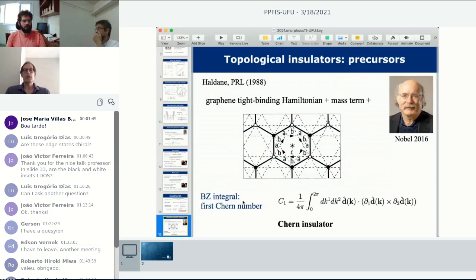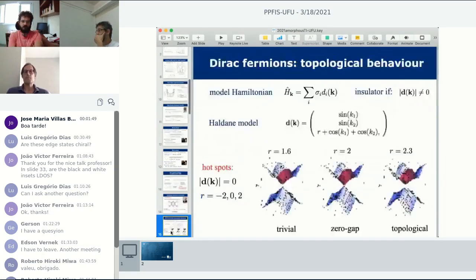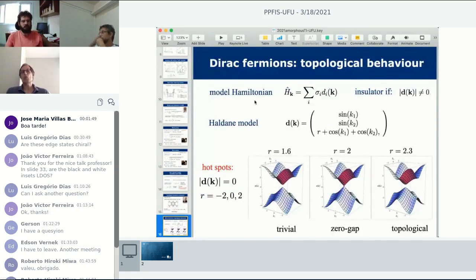So basically, here you can show in a simple way that you do an integral over the Brillouin zone of this invariant, the cousin of the Berry curvature for the system, and then you get this. And he went further and generalized that, and put forward a whole class of model Hamiltonians that have a kind of Dirac spectrum.